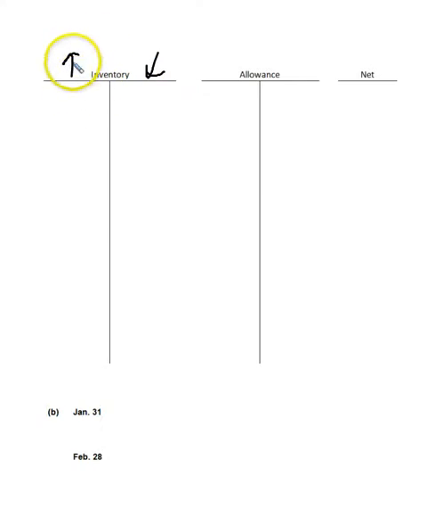So inventory goes up with debit, down with credits. There's going to be an allowance account that we will use to account for the economic loss, and then the net amount. So I want to start with, this does give us at the end of January, so January 31st, we are given an inventory balance or cost of $15,000, and we're also told the net realizable value is $14,500.